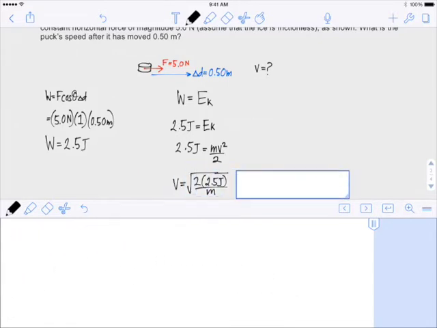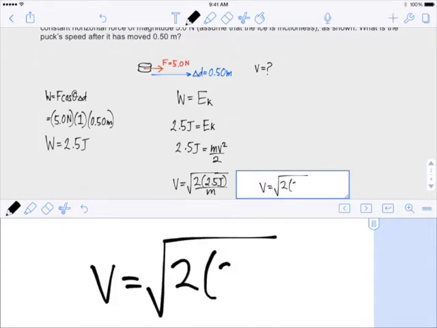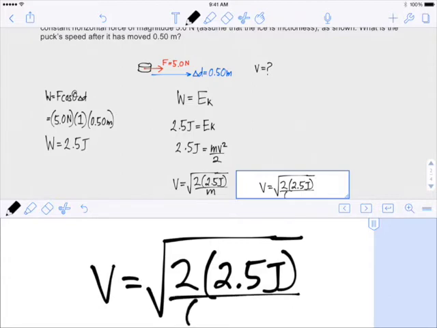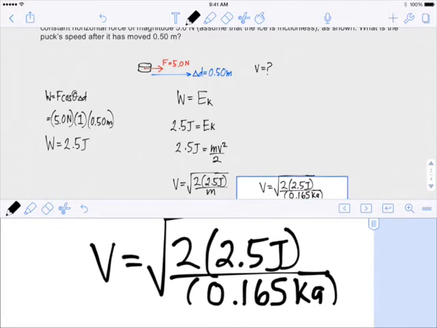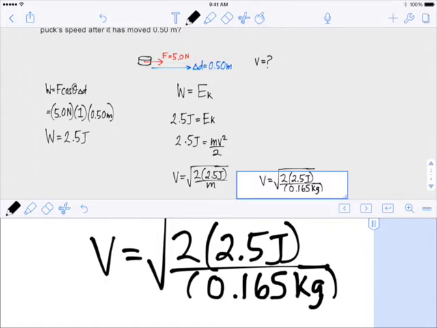Sub and solve. Make sure you report the mass in kilograms, 0.165 kilograms. Carefully punch it into your calculator and report your answer to 2 significant digits.